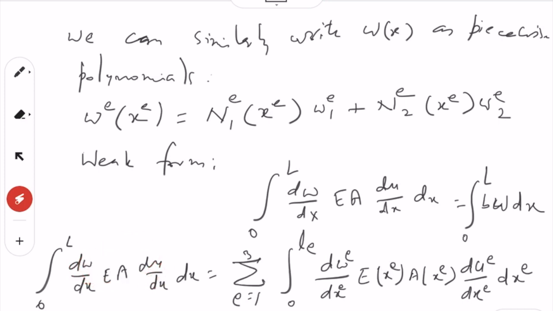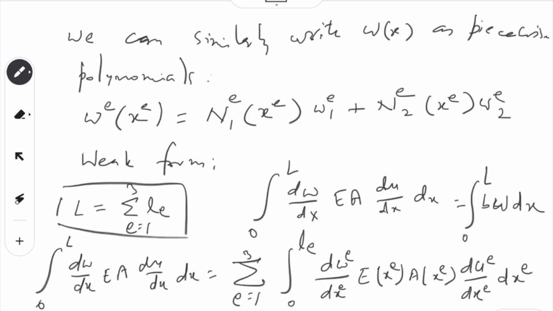Every domain will start from x e equal to 0 and end at x equal to L e, the length of that element, and you know that big L is equal to the summation of L e, e equal to 1 to 3 in this example. So, this is how you can write.